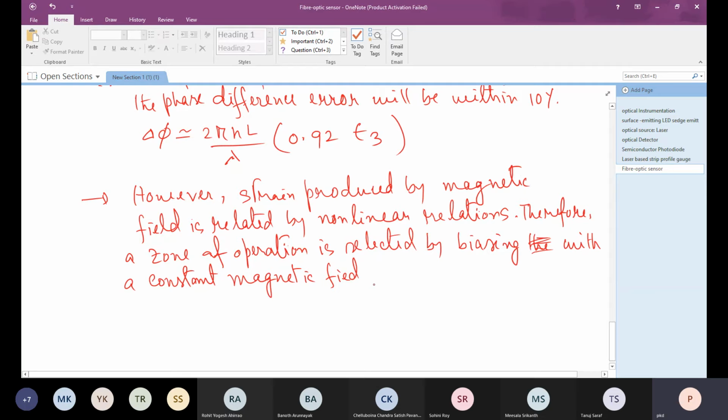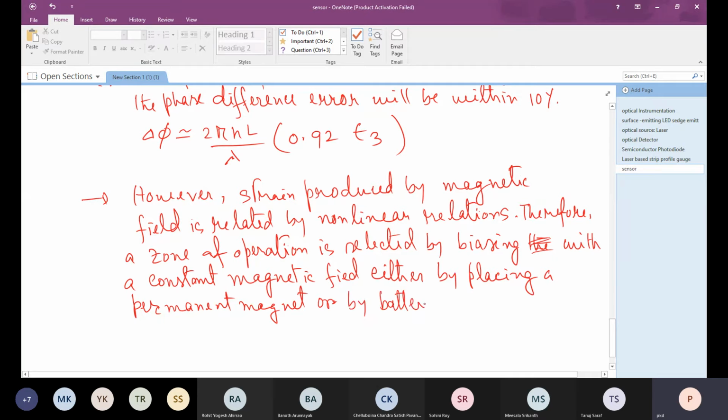Either by placing a permanent magnet, which of course needs to be replaced from time to time, or by a battery operated electromagnet.